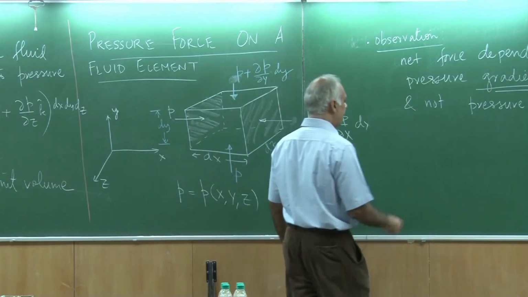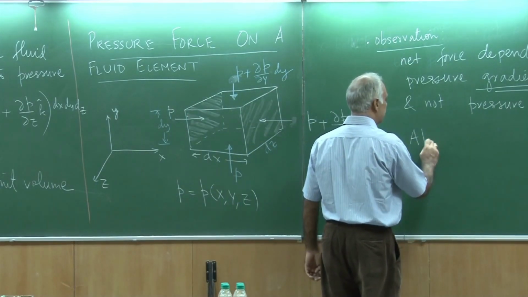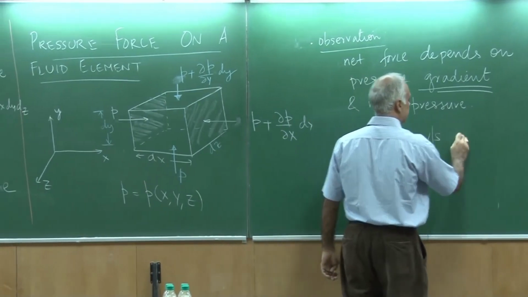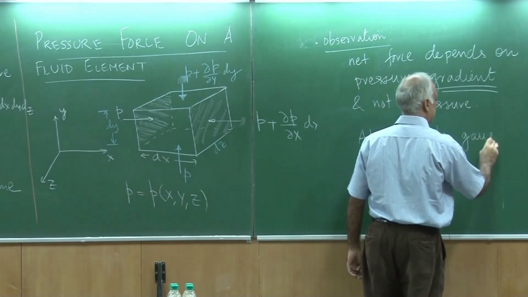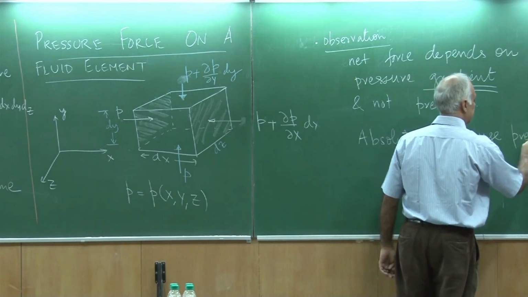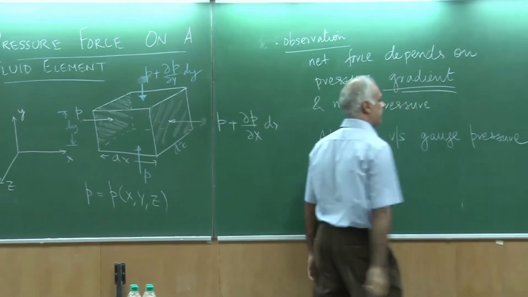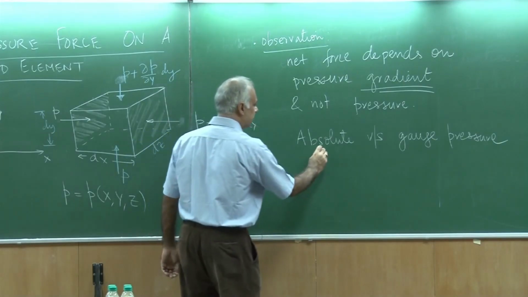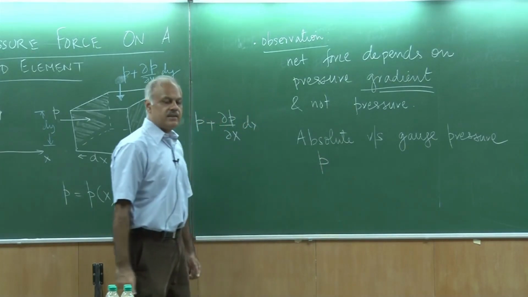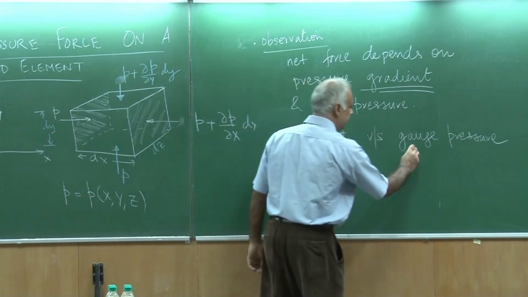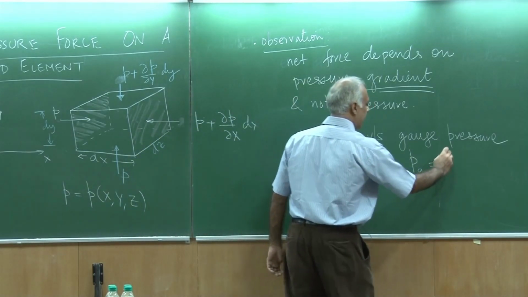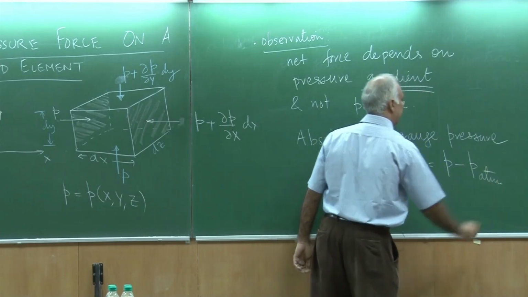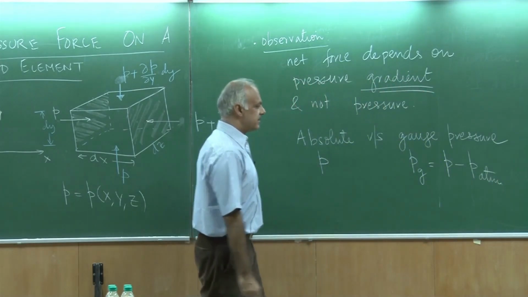So, often we have this concept of absolute versus gauge pressure. If P is my absolute pressure, then I am going to define P gauge as P minus P atmosphere. This is the atmospheric pressure.